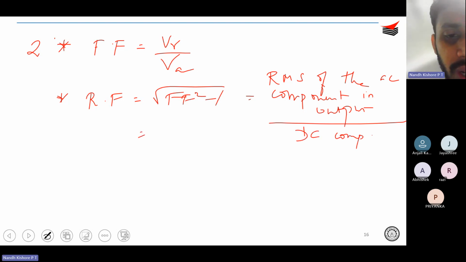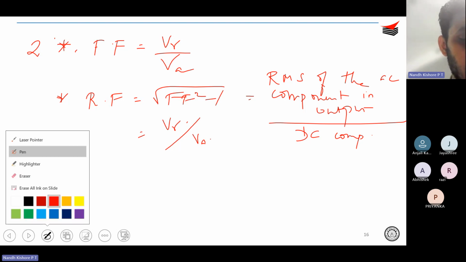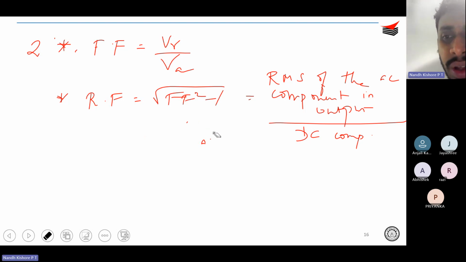Or you can say it is VRMS of the output divided by V average, on the output side. To avoid confusion with the form factor, I'm writing it this way. That is the RMS of the AC component in the output divided by the DC component.